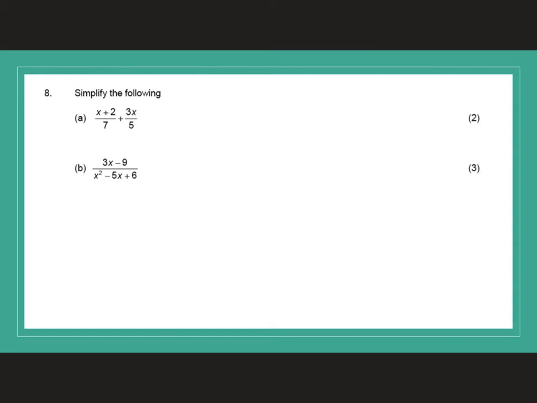Question 8, some algebraic fraction work. So 8 part A, nice and easy. We need a common denominator here, and the common denominator is obviously going to be 35 as the lowest common denominator for these two fractions. So you might write them out with a common denominator like this. The first one has to be multiplied by 5, so that the denominator becomes 35.